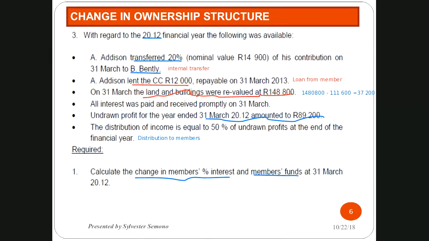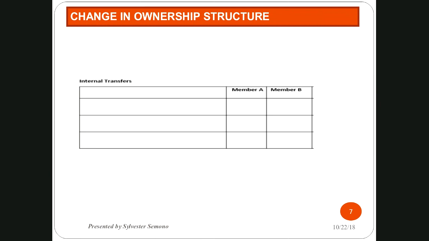Okay, I'm going to go to the next slide. This is the first requirement, guys. Unfortunately, I didn't number this. Can you see this is the change in members' interest. I think you remember we did this before. We said the first thing that we write here is the existing members' interests.